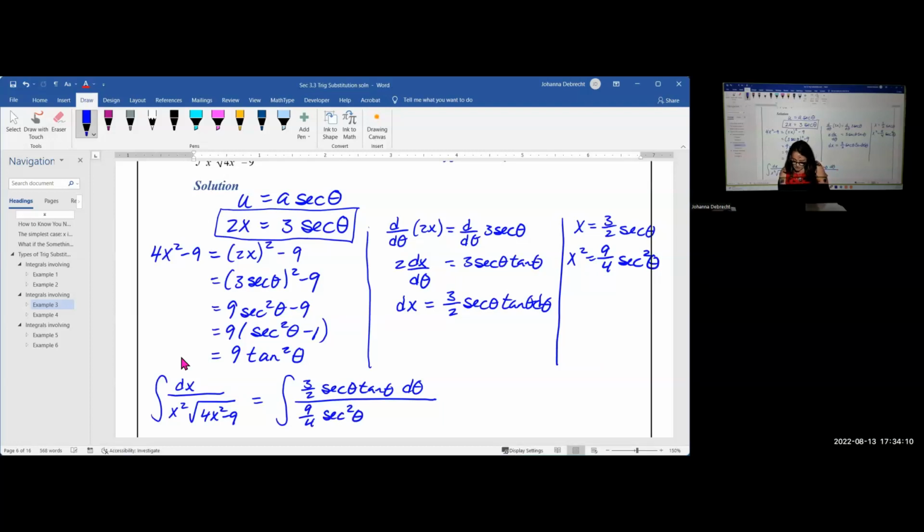And then I've got this square root of 9 tangent squared of theta. Okay, so hopefully you followed all of those pieces.